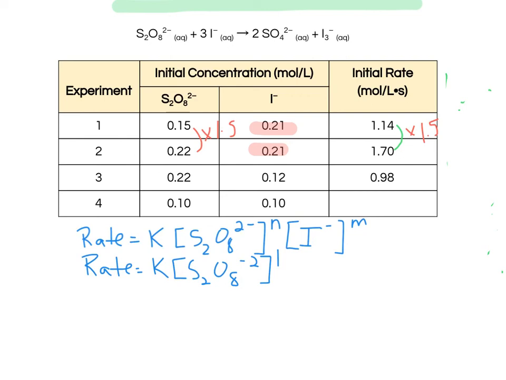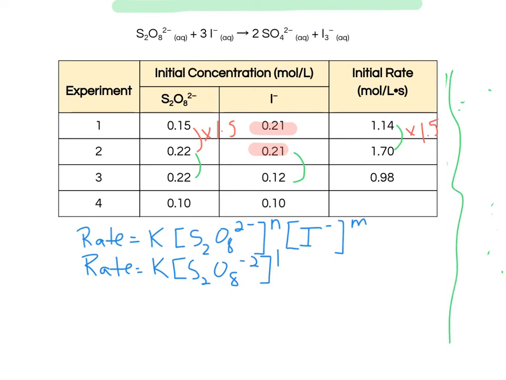So remember, I want to pick trials where one is changing and the other one is remaining constant. When I look at this, I can see S2O8 2- is staying constant, and then what I have is my iodide changing. But by what factor? So let me do a little bit of thinking here on the side.